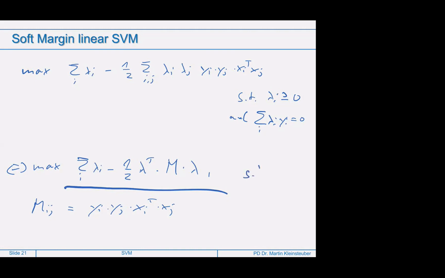Don't forget the constraints here, but they're also easy: lambda I greater or equal to 0, and the sum over I of lambda I yi is 0. So this is an easy to solve so-called quadratic optimization problem.